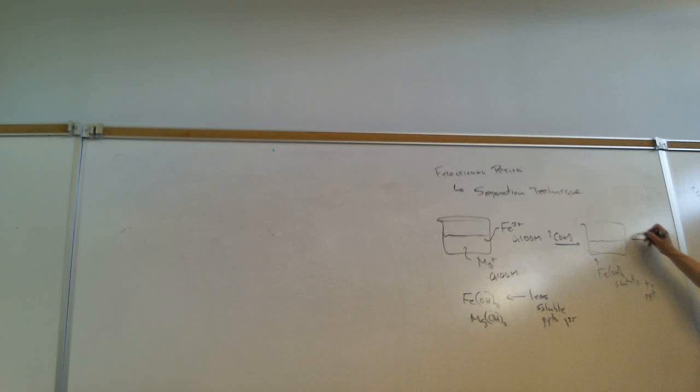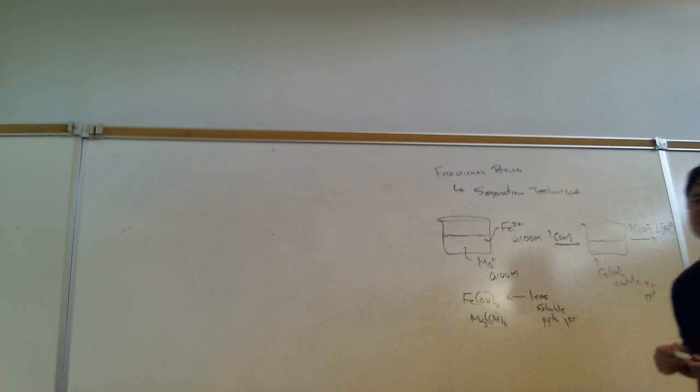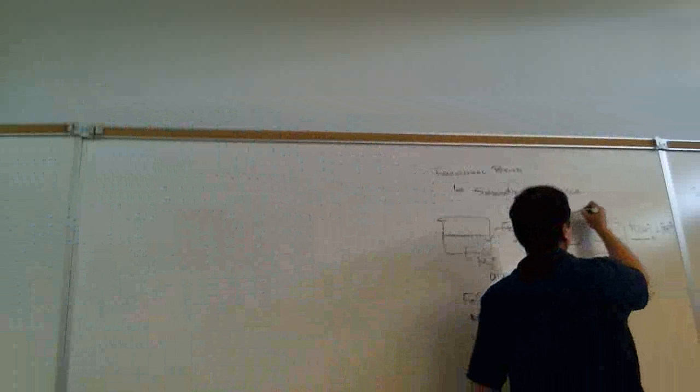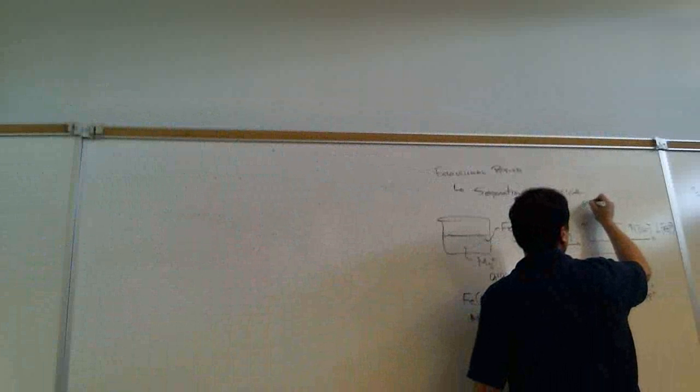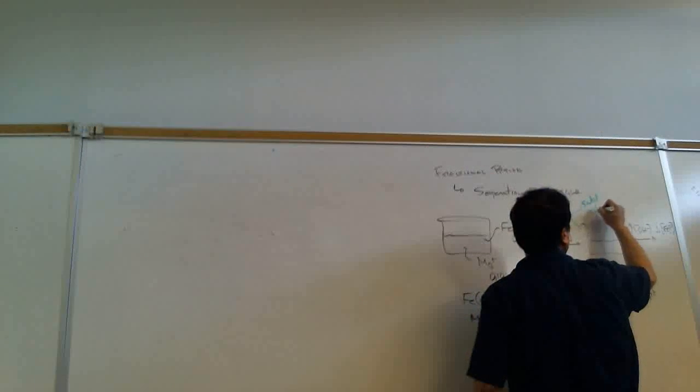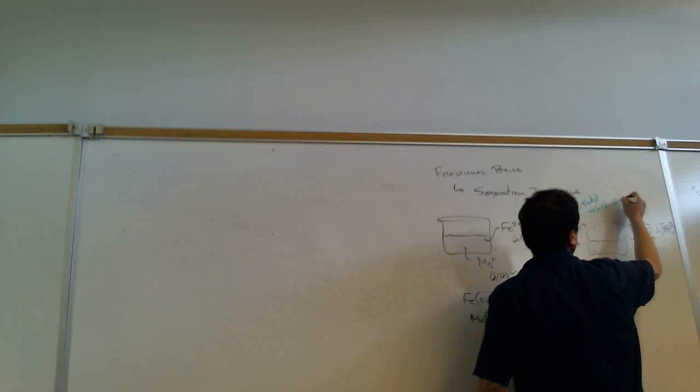And so what we'll do is increase the hydroxide. As we increase the hydroxide, we decrease the iron. Until we hit a point, and there are different ways of thinking about it, but when we start precipitating the iron, that means we've saturated the solution with respect to iron, Fe3+.